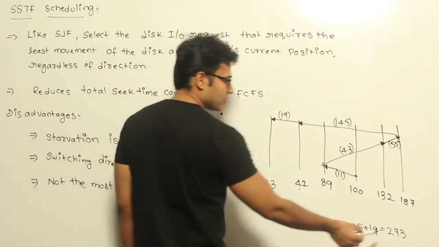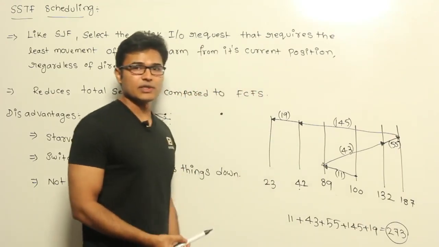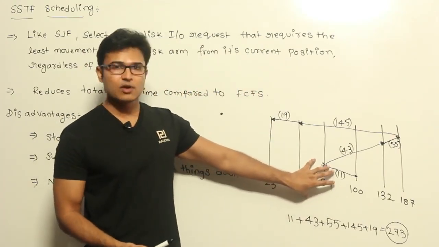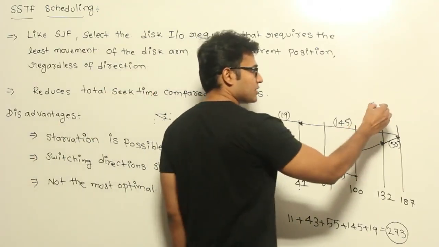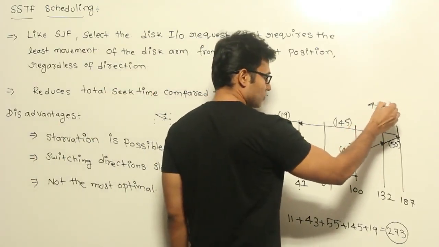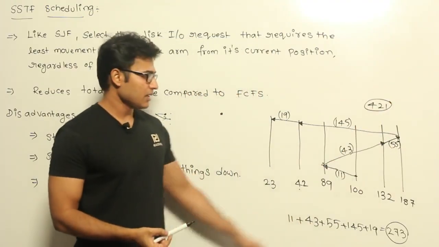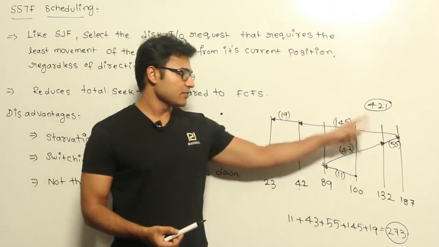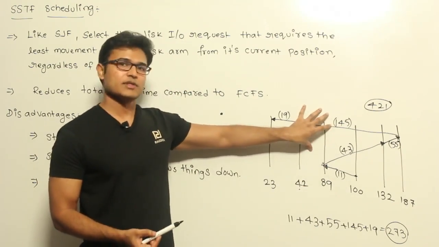Now if you observe, the total number of cylinders I have crossed in this case is 273, and the requests are actually the same. This is the same example which we solved for FCFS. There we saw that the total number of cylinders crossed is 421. Here the total number of cylinders we crossed is 273. By looking at these numbers, you can understand that this one is going to give us better performance in terms of the seek time.